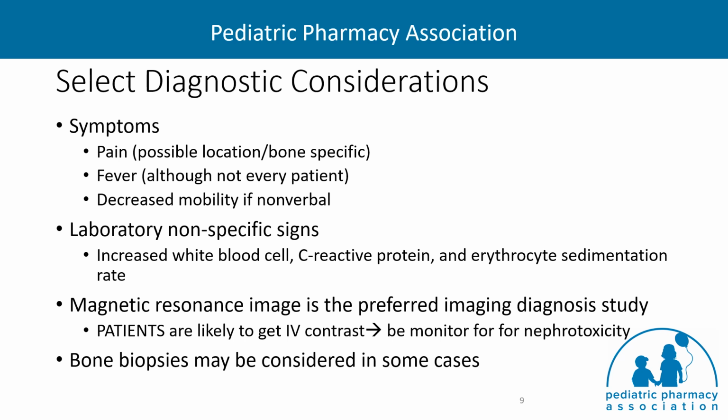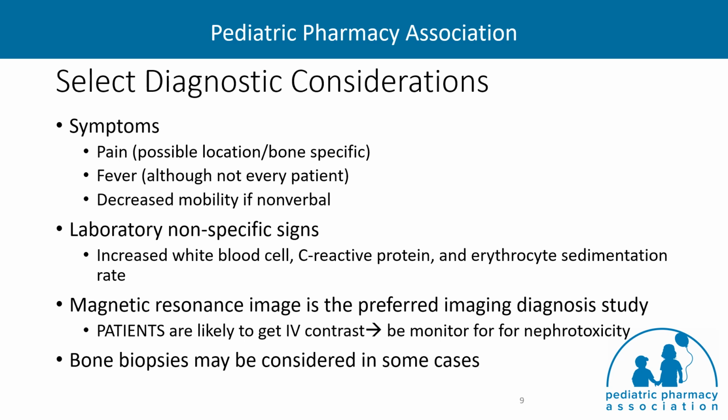Usually they're high, sometimes even above the limit of detectability in certain patients. And then once they have those presenting symptoms and some labs suggestive of possible osteo, an important thing for pharmacists to know is that an MRI, or magnetic resonance imaging, is the preferred diagnostic study typically for osteo.